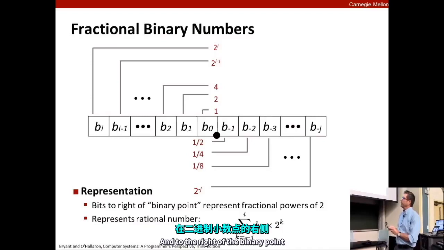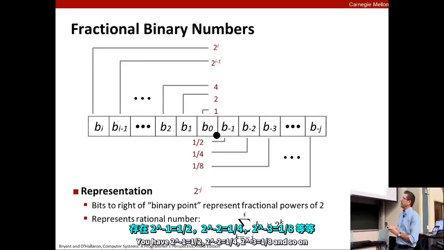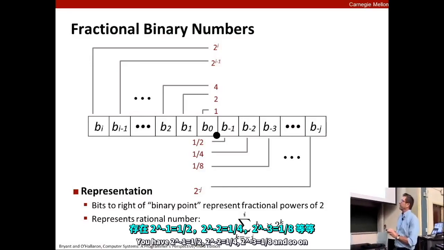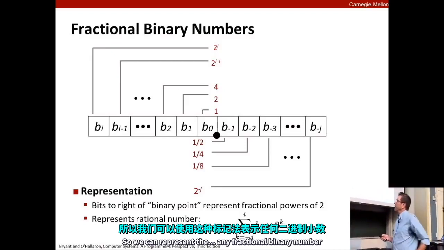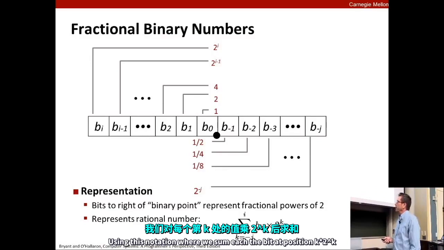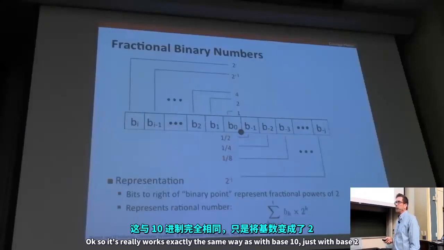And to the right of the binary point, you have 2 to the -1, 1/2, 2 to the -2, 1/4, 2 to the -3, 1/8, and so on. We can represent any fractional binary number using this notation, where we sum the bit at position k times 2 to the k. So it really works exactly the same way as with base 10, just with base 2.